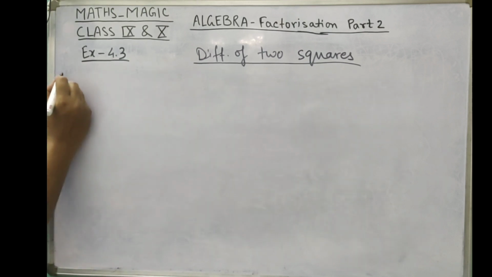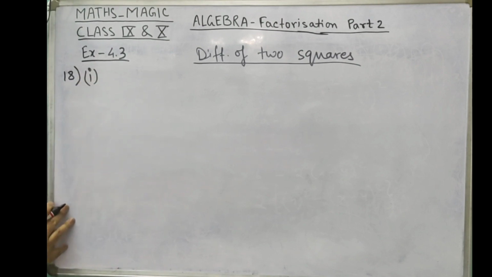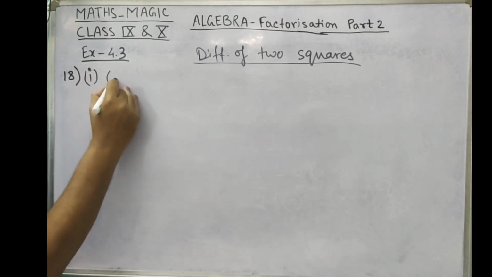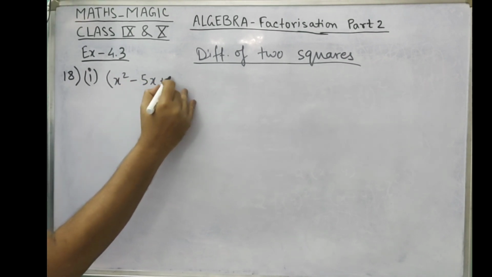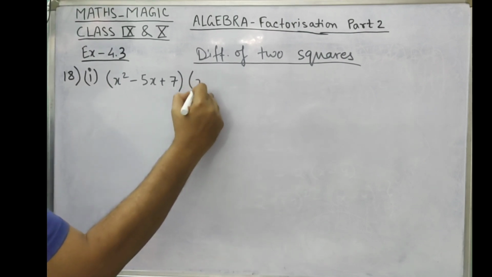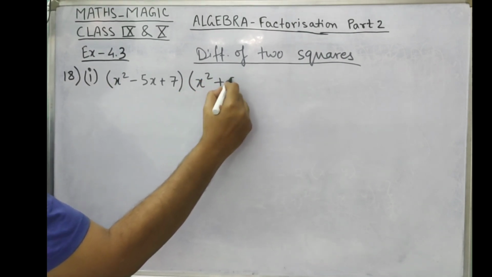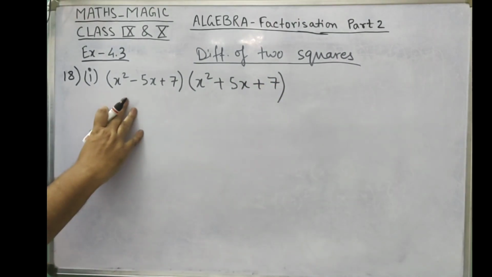This is an interesting one, sum number 18, part 1. So we have x square minus 5x plus 7, x square plus 5x plus 7. Now how to begin with this one?